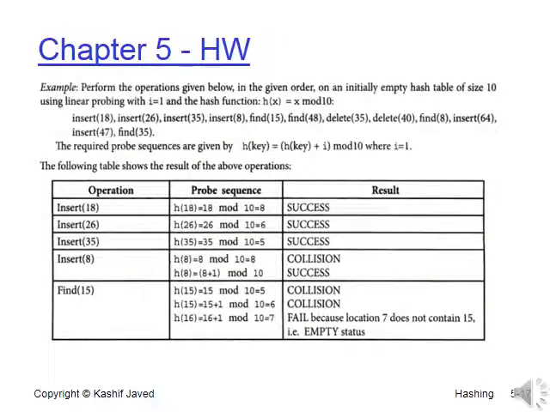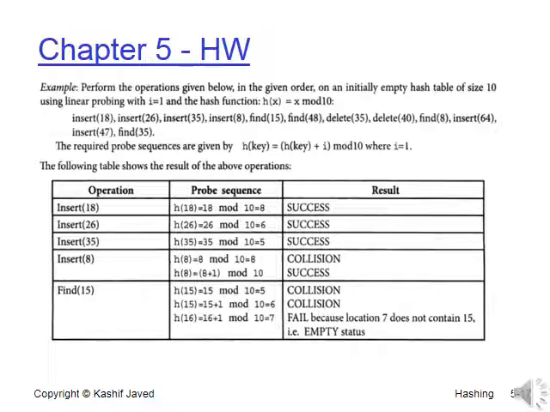For homework, here's an example taken from another textbook which states to perform the operations given below in the given order on an initially empty hash table of size 10 using linear probing with i equals 1 and the hash function which equals key mod 10.